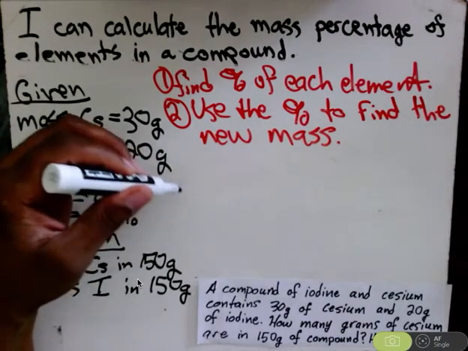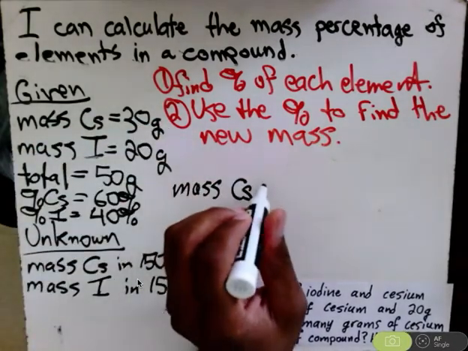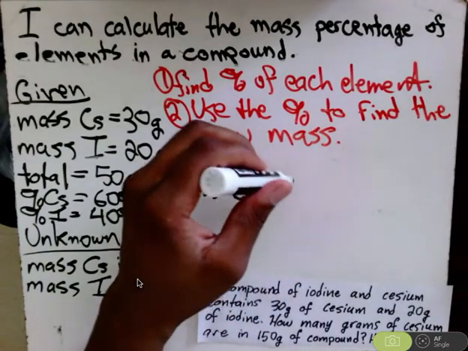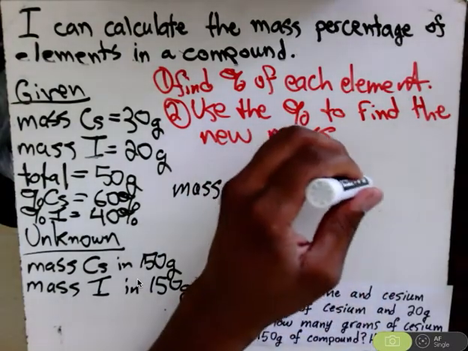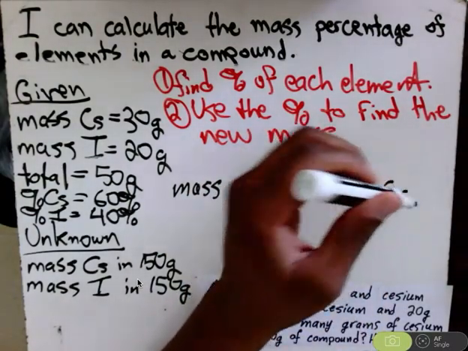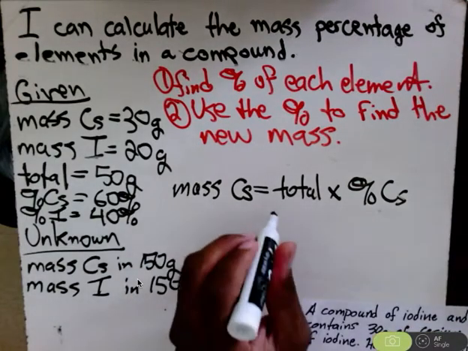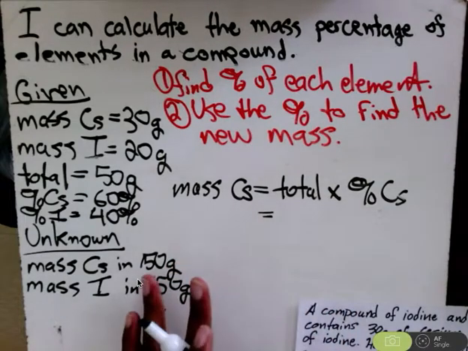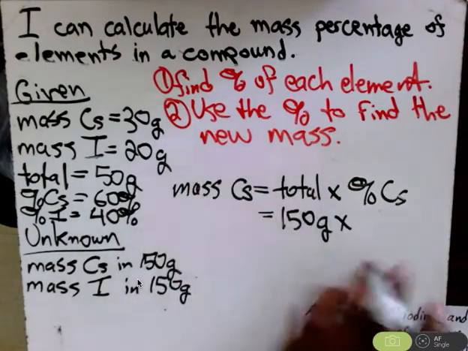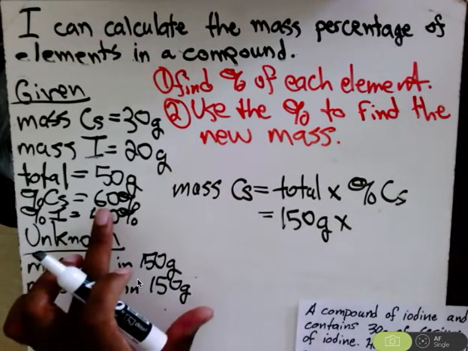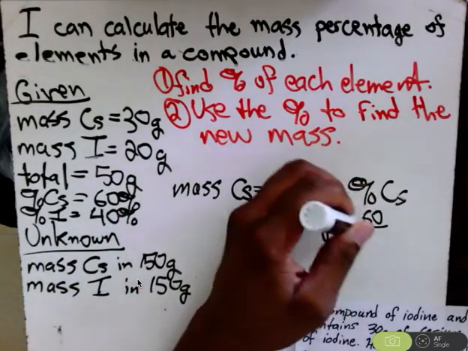Well, the mass of cesium is going to be equal to the total multiplied by the percent of cesium. Total multiplied by the percent of cesium. So the mass of cesium is going to equal, now we're saying what if our total was 150 grams? So it's going to be 150 grams times, and what's my percent of cesium? 60%. We're going to turn that 60% into a fraction, times 60 over 100.